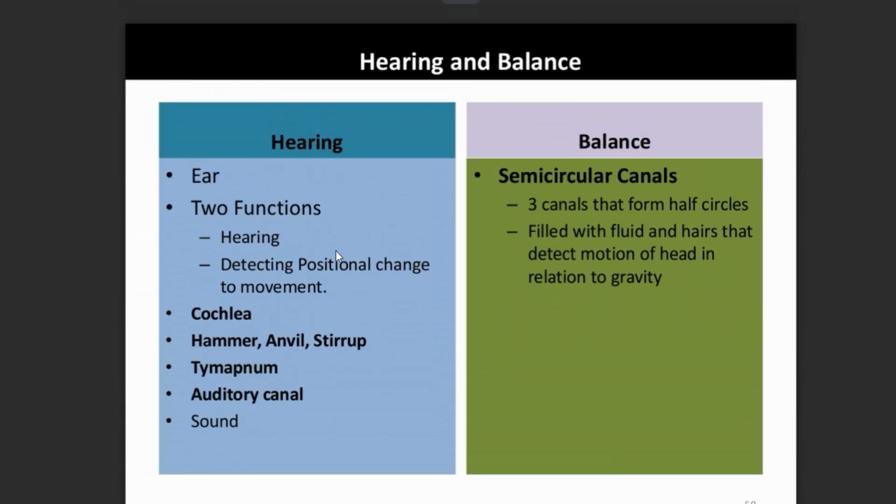Second, we have hearing receptors, present in our ear. There are two functions: hearing and detecting changes in position and movement. They are present in the cochlea, with the hammer, anvil, stirrup, tympanum, and auditory canal for sound. For balance, they are present in the semicircular canals.